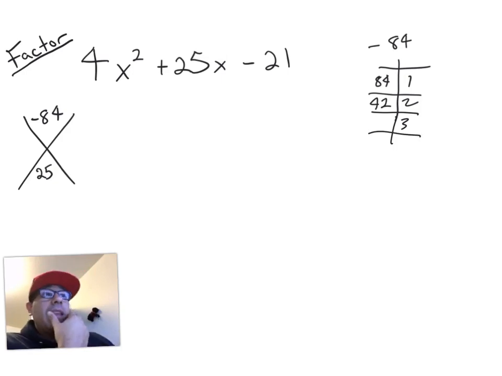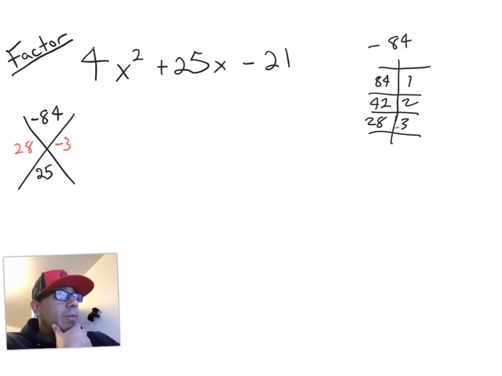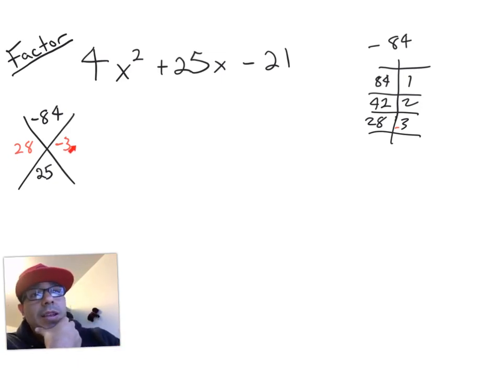So punch in 84 in your calculator, divide it by 3, and you're going to see that you get 28. So if I slap some signs in front of one of these or both of these, can I get that positive 25? Absolutely. If I go ahead and make that 3 negative. So 28 times negative 3, when we multiply those two, boom, gives me negative 84.